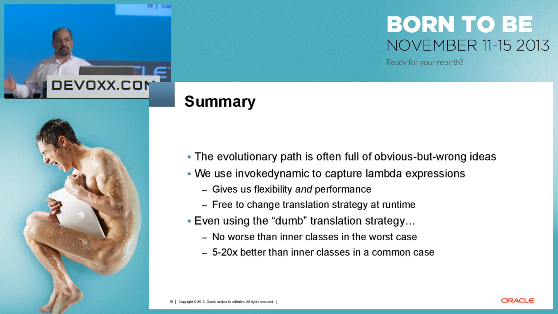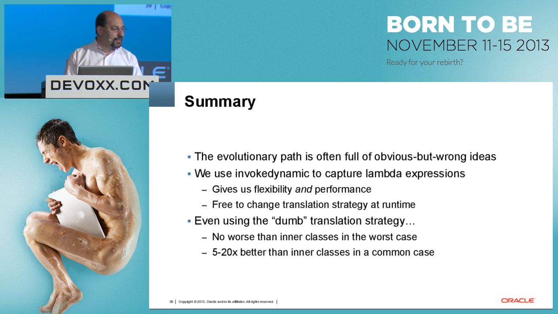Okay, so we wrap up here. One of the big lessons of this effort was, the path to evolving a language is full of ideas that are obvious and wrong. And you have to be willing to look past your first idea and your second idea and your third idea till you find the actually good idea.